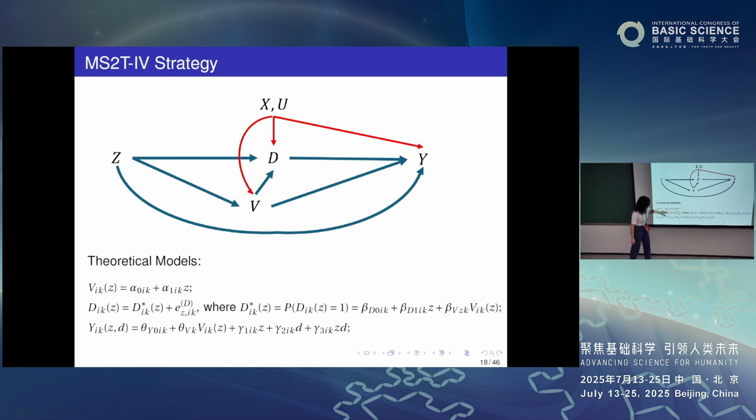And you could see that those coefficients are individual specific. We have the intercept indexed by i, and here we have the slope on Z indexed by i, which means that we allow the intercepts and the slopes to be functions of the subject's characteristics and the site characteristics. Essentially, they can be functions of X and U.